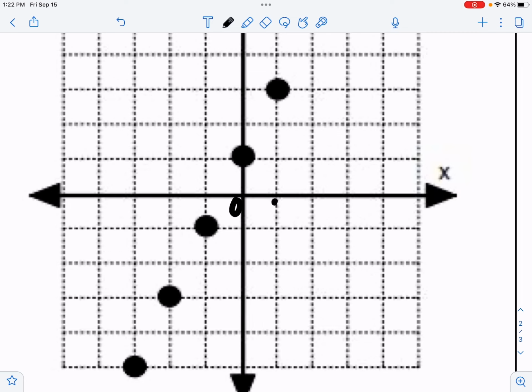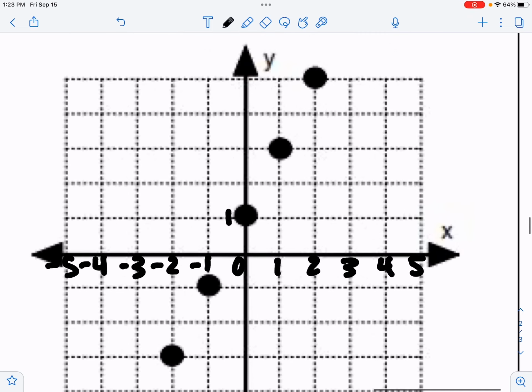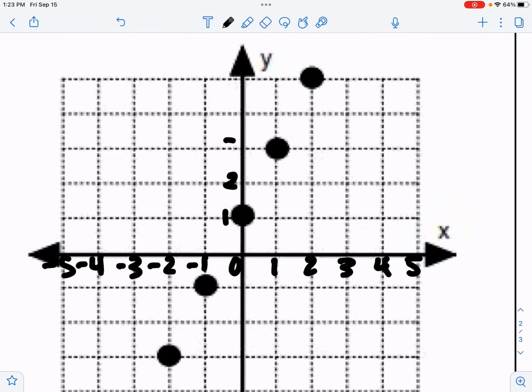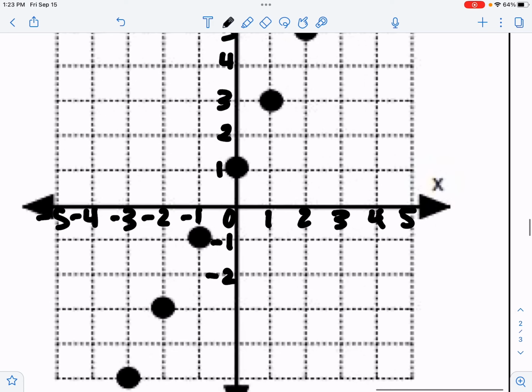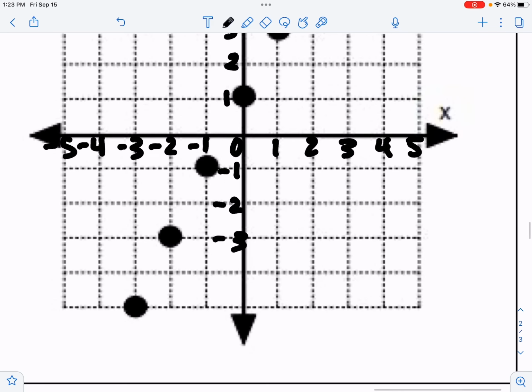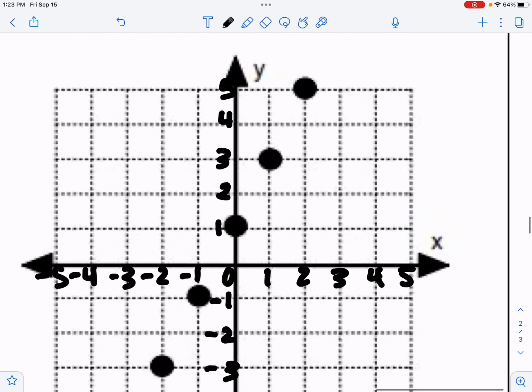So this would be 0, 1, 2, 3, 4, 5, -1, -2, -3, -4, -5 on the x-axis, and 1, 2, 3, 4, 5, -1, -2, -3, -4, -5 on the y-axis. When you're labeling your points, make sure you look at the x-axis before the y-axis.